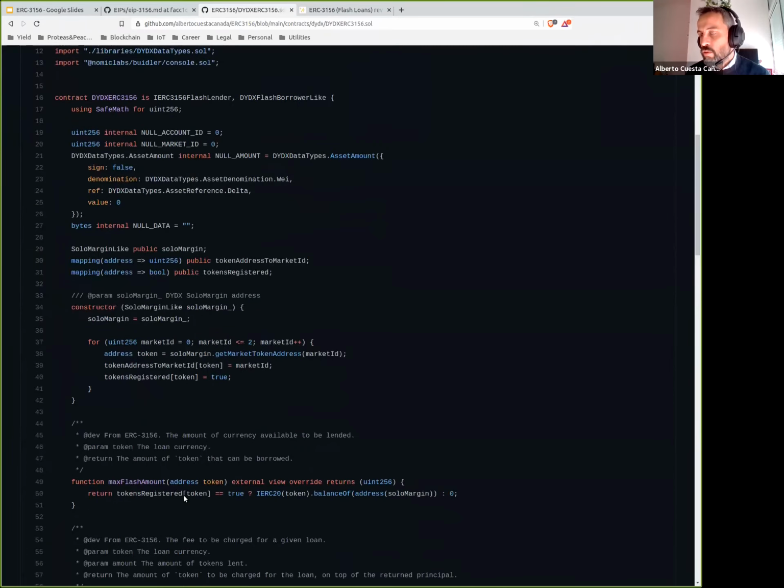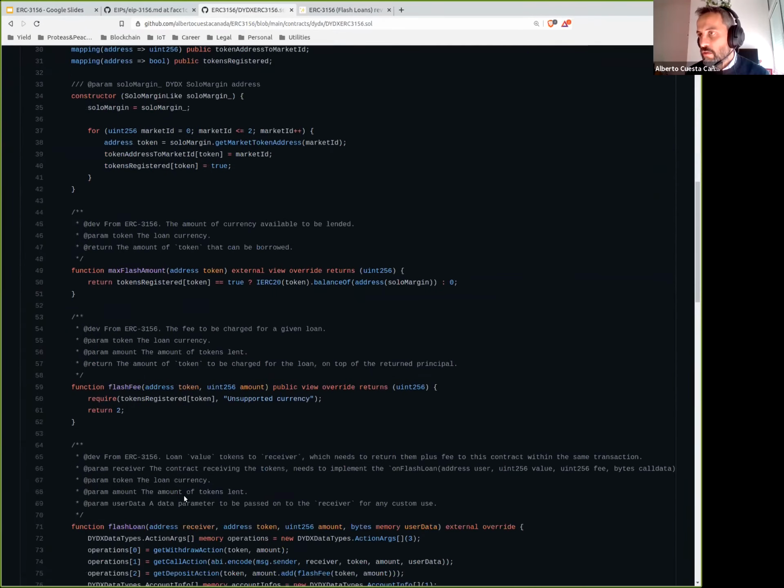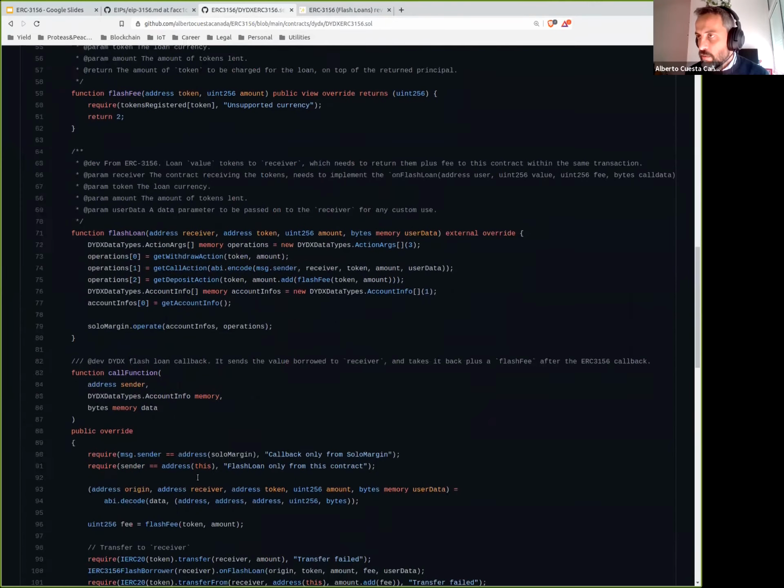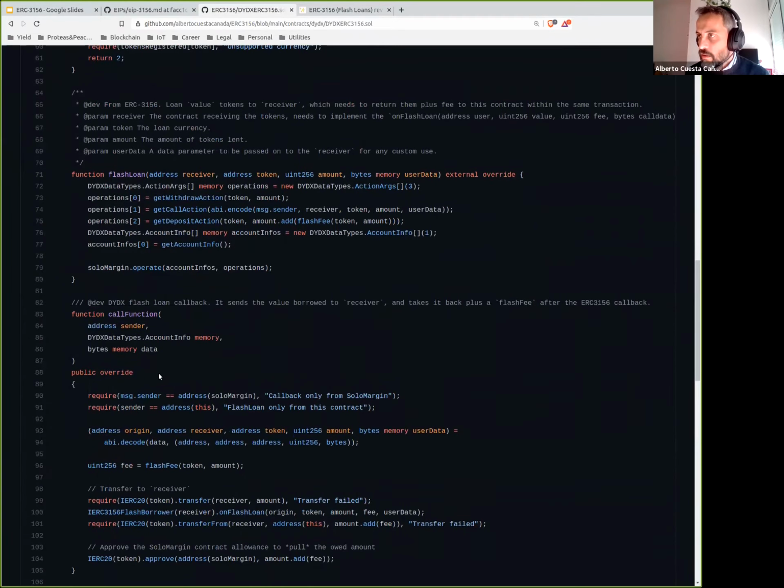So when I had to do a flash loan for DYDX, I had the problem that DYDX doesn't tell you who originated the flash loan, who's the receiver, or the token address, or anything like that. DYDX just gives you the tokens and little more.